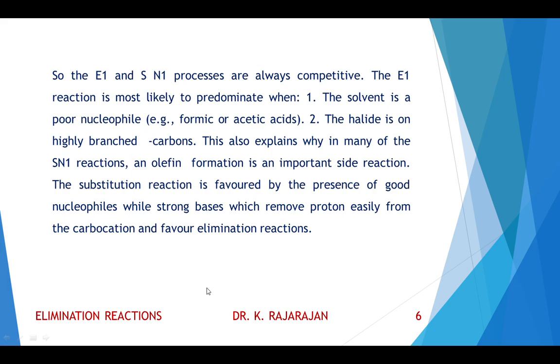So from this, it is clear that the E1 and SN1 processes are always competitive. The E1 reaction is most likely to predominate when the solvent is a poor nucleophile, for example formic or acetic acids. Number two, when the halide is on highly branched carbons. This also explains why in many SN1 reactions, olefin formation is an important side reaction.